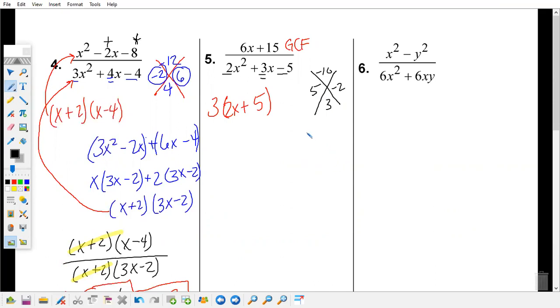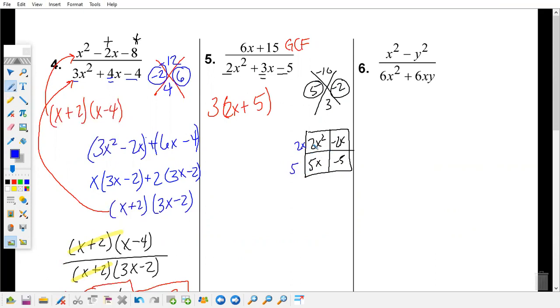Agreed? So if I take that into x box, I just did a grouping example. First term in first box, last term in last box. And that gives my numbers from my x as 5x and negative 2x. So GCF. GCF here is 2x.